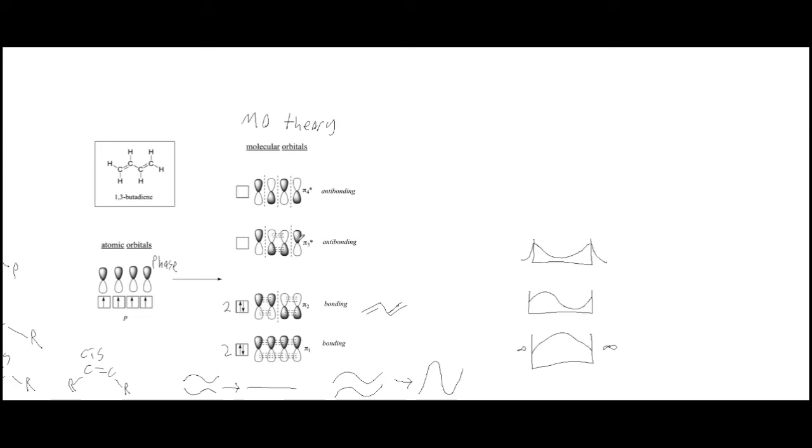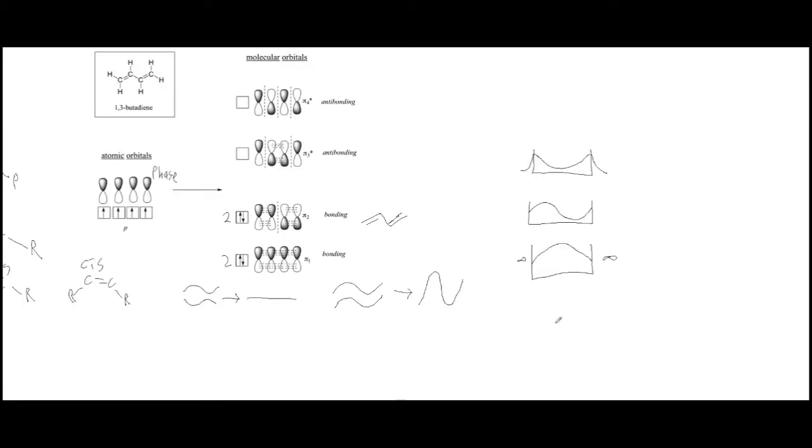And so this becomes the anti-bonding molecular orbital. And so down here, we have our bonding, which is, you can think of this molecule as the box.